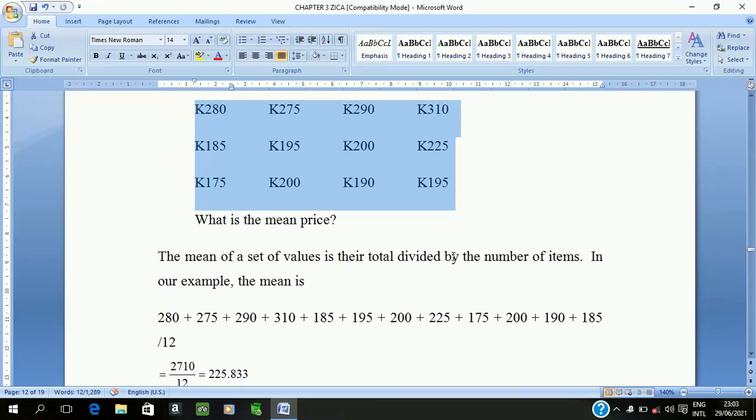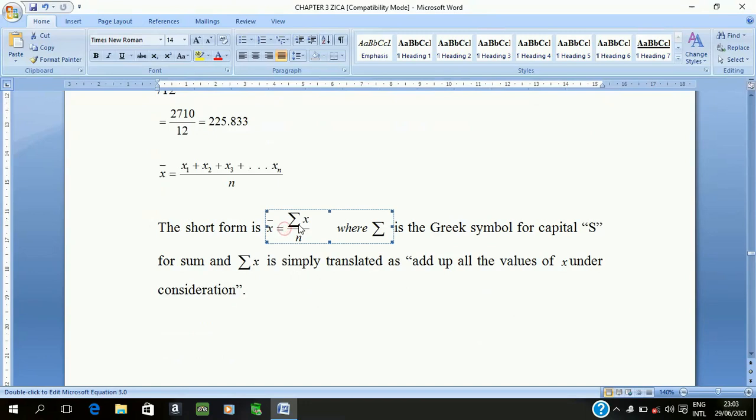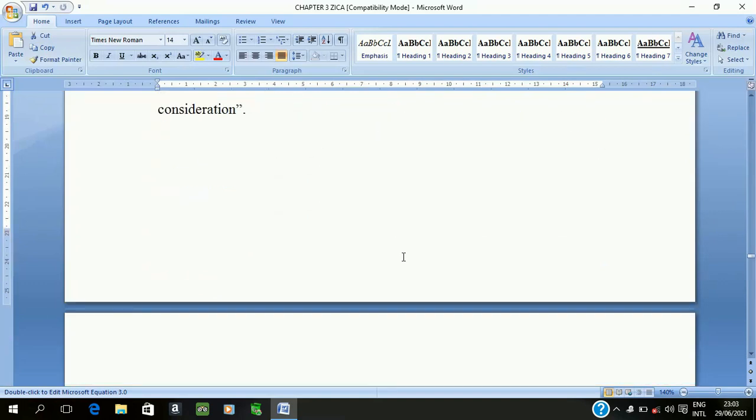It's just a simple distribution that we have there, and this is the formula that we apply. The symbol sigma is a Greek symbol for capital S, which represents summation. It represents that you are adding up all the values of x and dividing by n.